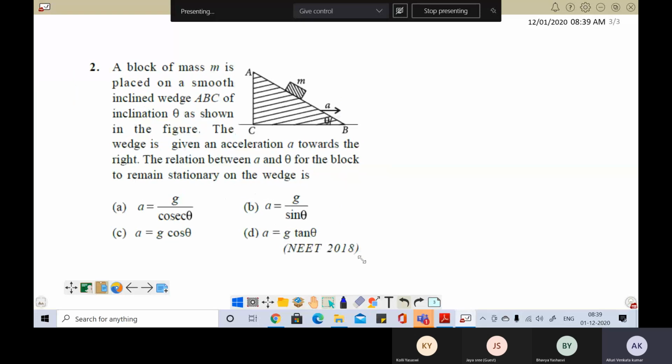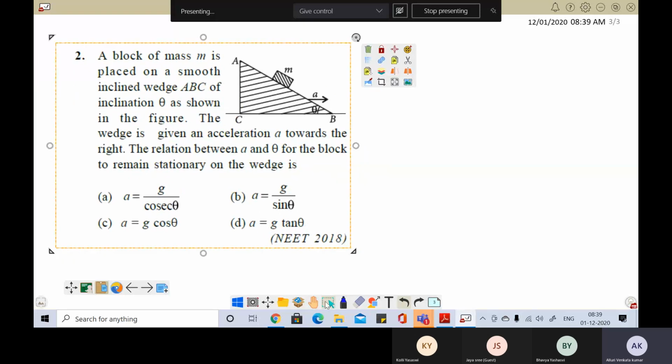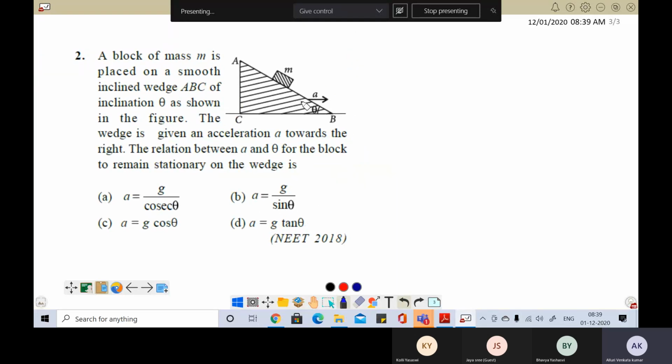When this wedge is moved with some acceleration a like this, the block can either go downward or go upwards. Now they are asking that this block should remain stationary.